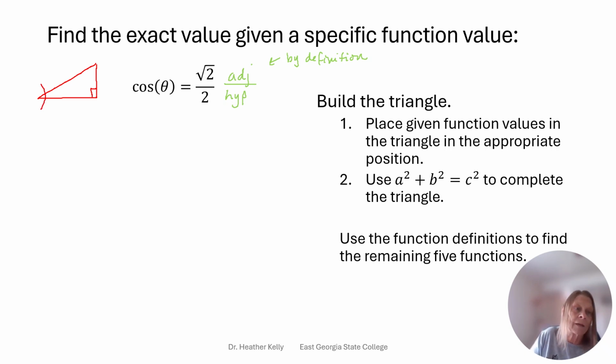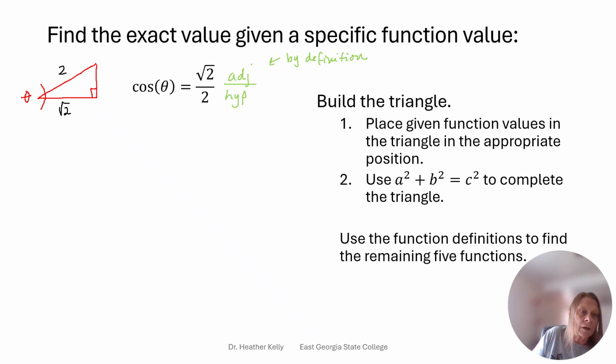I'm going to make that my theta. We were given in the problem that the cosine of theta is the square root of 2 over 2. That means the hypotenuse is 2 and the adjacent is the square root of 2. And so now we just need to find that other side.